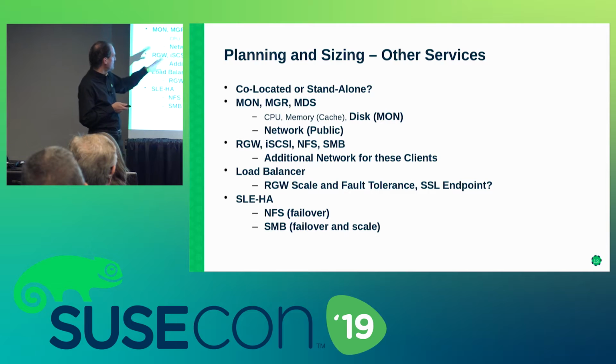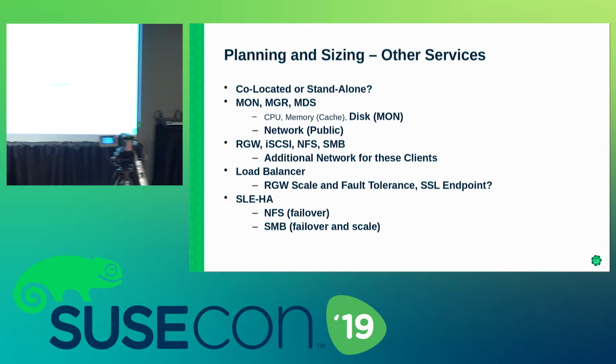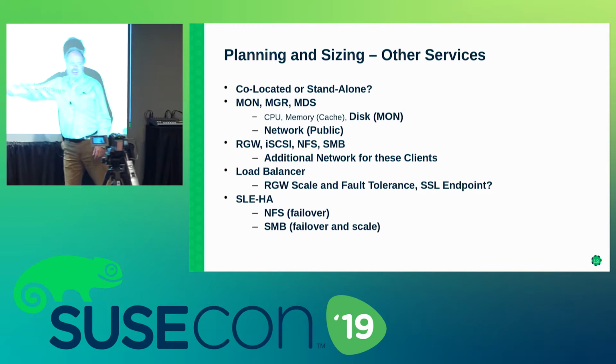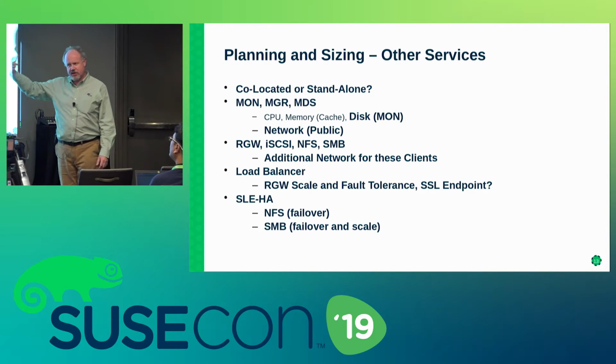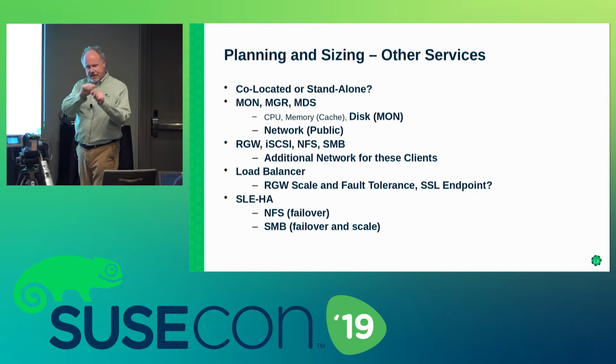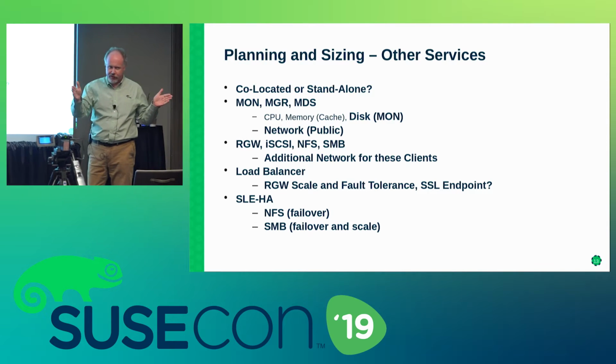Yeah, and NFS and Samba, we put them normally on clusters outside. The word client is important there. From the perspective of the Ceph cluster, all of these things are clients. So if you connect from an iSCSI initiator to an iSCSI gateway, the data you write goes across the network between those 2 points.